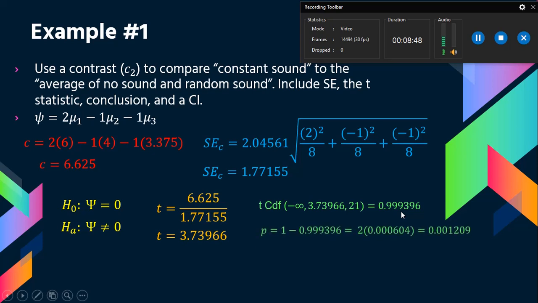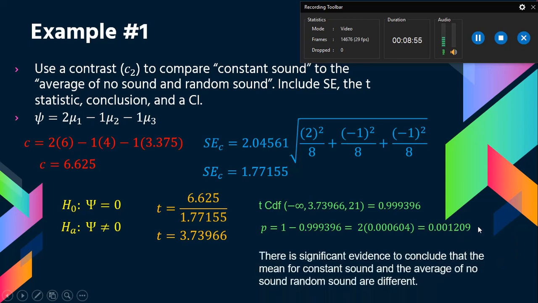And it's going to be a 1 minus, and then I'm going to multiply by 2. And that's really tiny. So again, I can show that there's significant evidence against the null, that the means are not all the same, and that the mean for constant sound is different from the average of no sound or random sound.